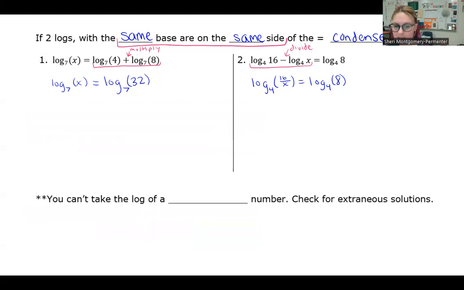The only thing that is slightly different with the homework problems is that you're going to have to distribute for 11 and 12 because it's x times, in parentheses, x plus 21. So you have to distribute the x into both pieces.